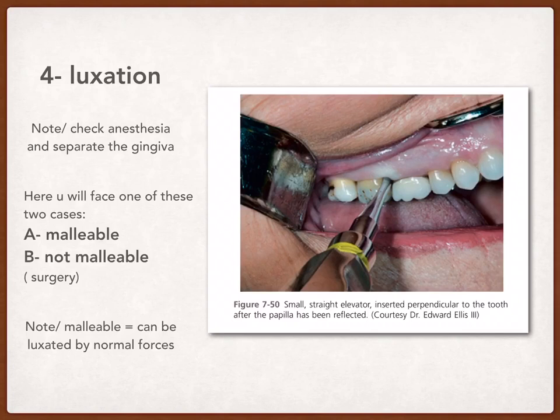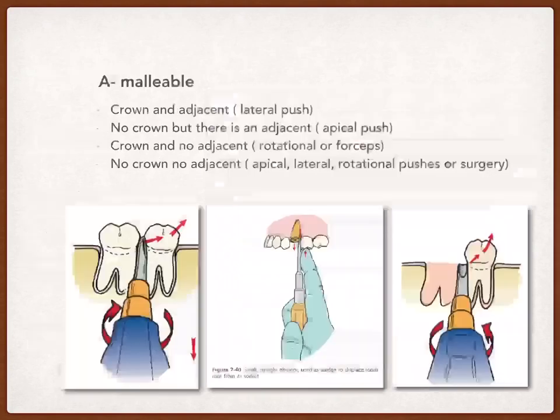As you can see here in this picture, we insert the small straight elevator in the interdental space and push the tooth to luxate it. When we do this, we will have one of these four cases.